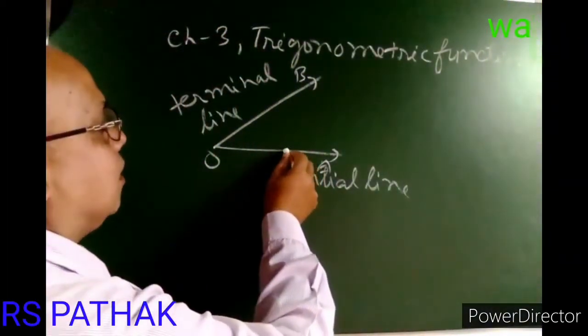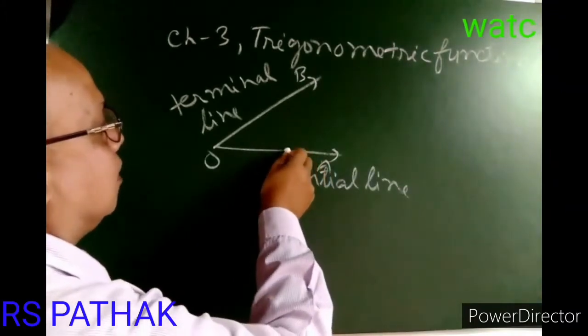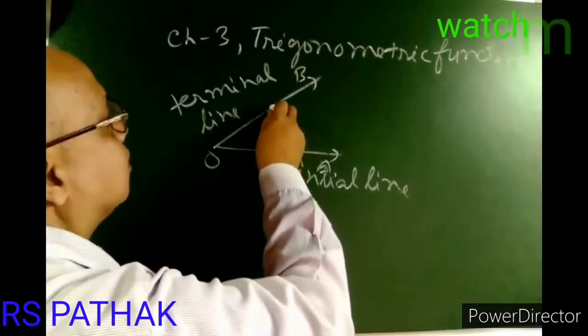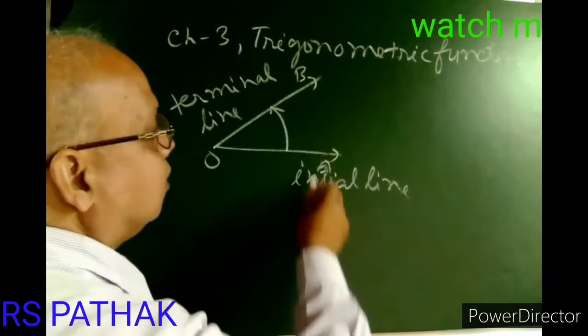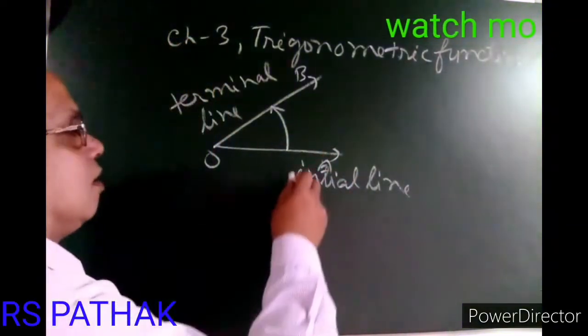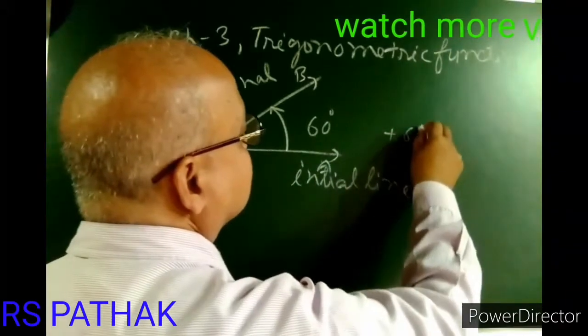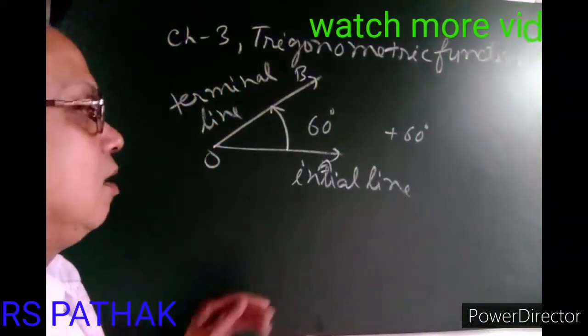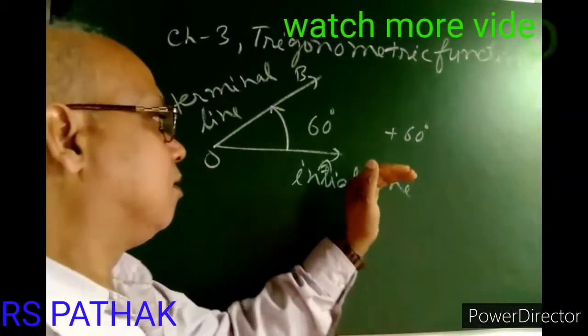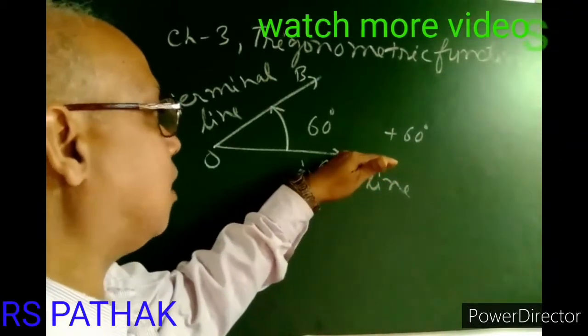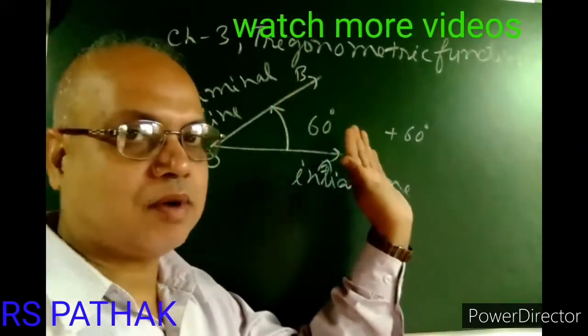The angle is measured from the initial line in the upward direction. This angle is called a positive angle. Let us suppose this angle is 60 degrees, this will be plus 60 degree angle. The angle measured from the initial line in the upward direction is called a positive angle.